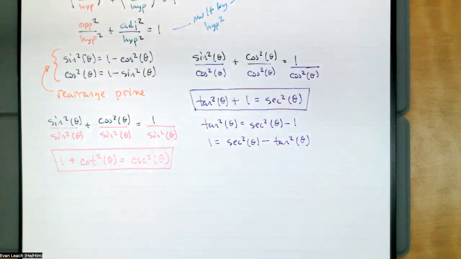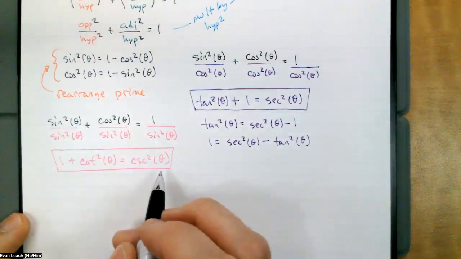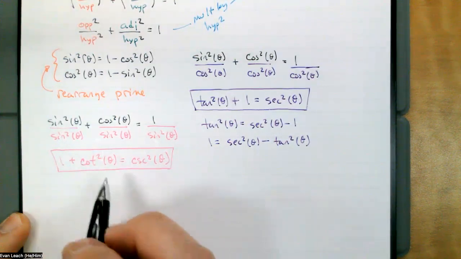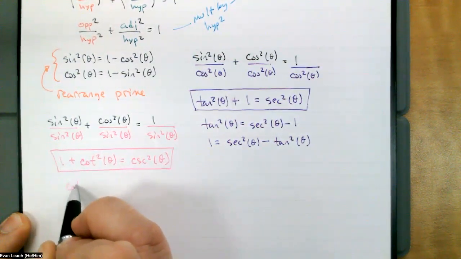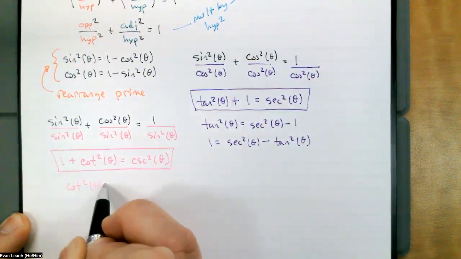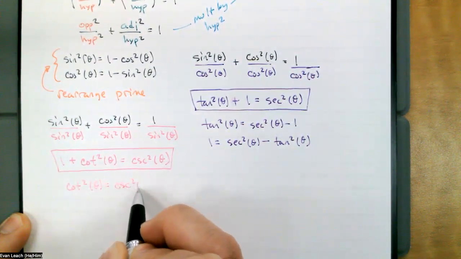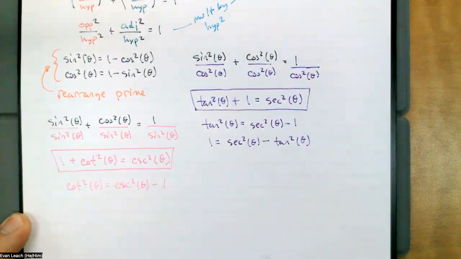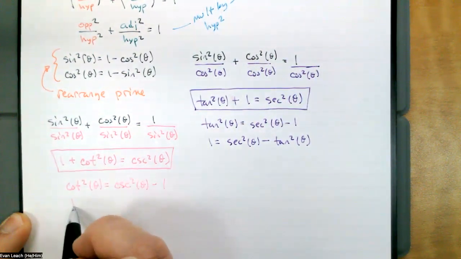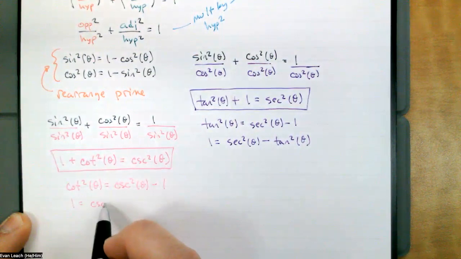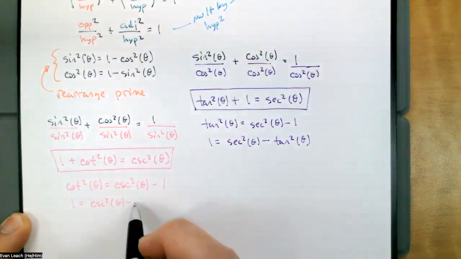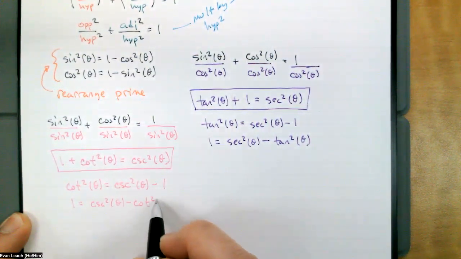And of course, we have the two rearrangements of this. So this one is solved for cosecant. We can solve for cotangent. Cotangent squared theta is cosecant squared minus 1. And we can solve for 1 and write cosecant squared theta minus cotangent squared.